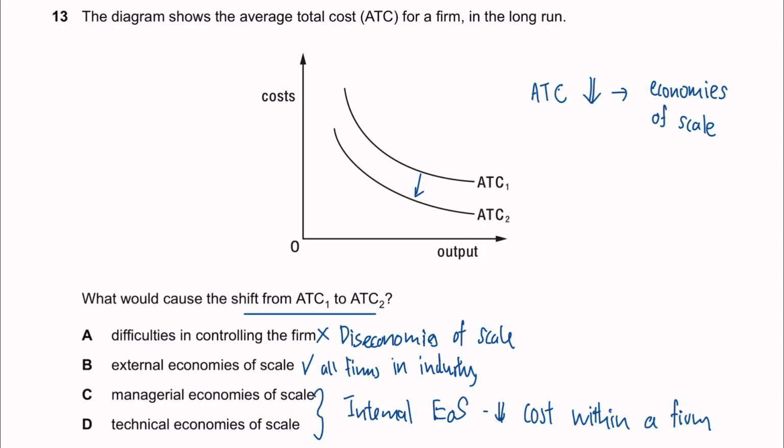So this is usually shown as lower costs along the same ATC curve, but not shifting the entire curve downwards. Maybe initially it's here, and then the internal will become here. Internal economies of scale move from here to here.